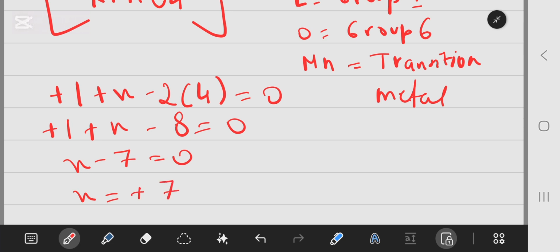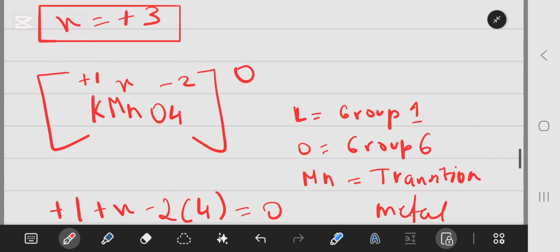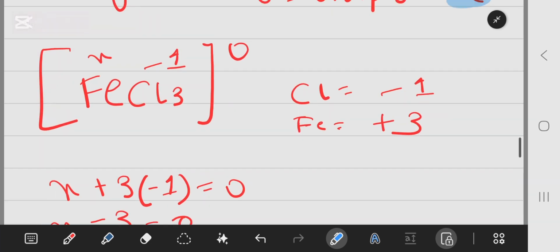So when I'm writing oxidation numbers up top, I hope you noticed that I'm writing for a single ion. Like, for example, in iron 3 chloride, I wrote -1 for chlorine. I didn't multiply with 3 and write down -3 up top. No, that's completely wrong.